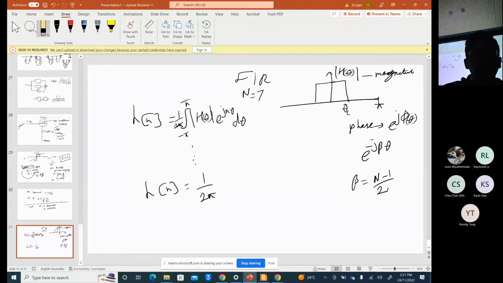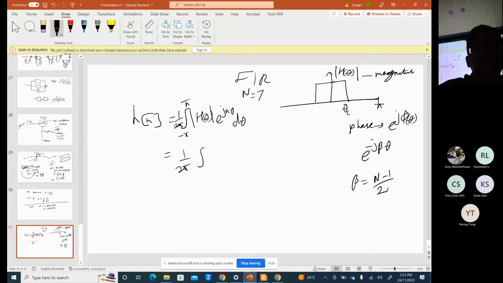If I do that one it will take time, so maybe I will quickly do this one. So 1 upon 2 pi, theta c, let's say pi by 4, so minus pi by 4 to plus pi by 4, of 1 times e to the j n theta d theta.